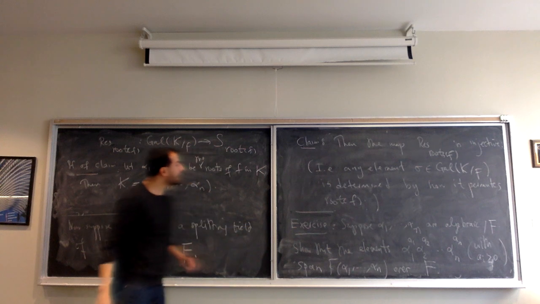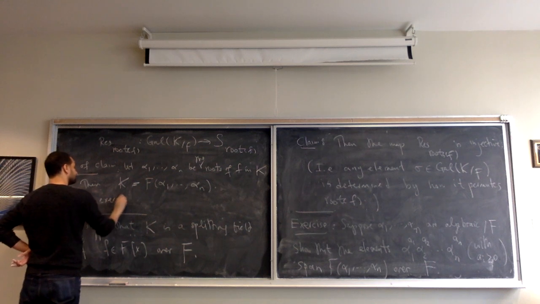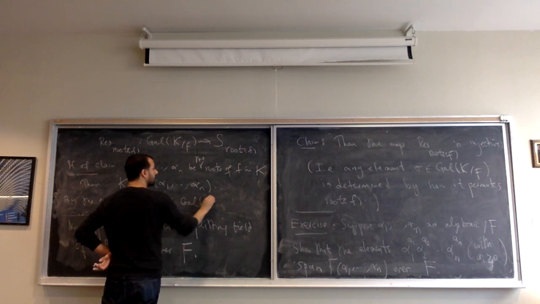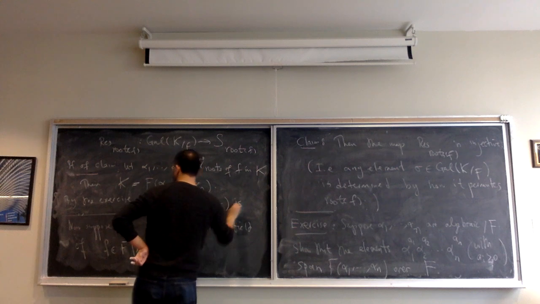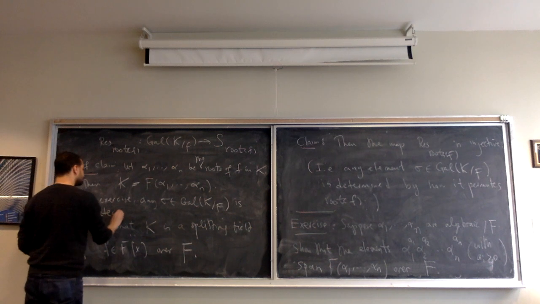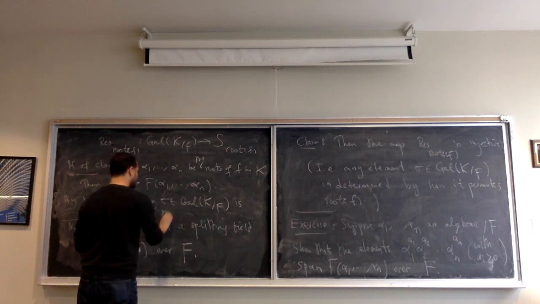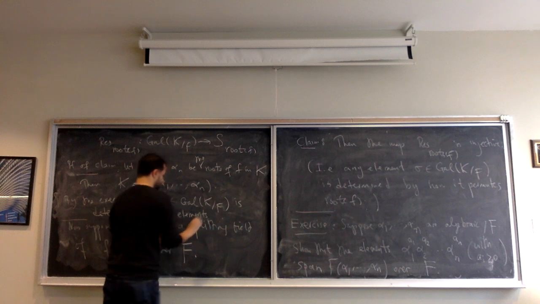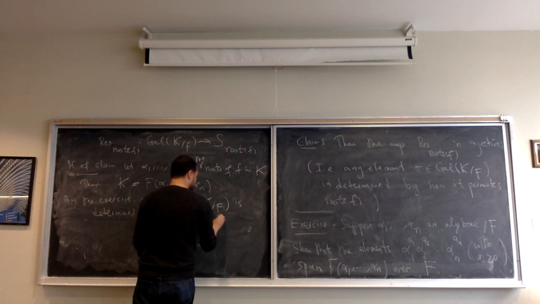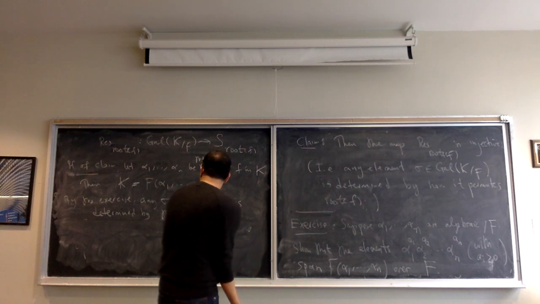And now by the exercise, any sigma in the Galois group of K over F is determined by the following elements.